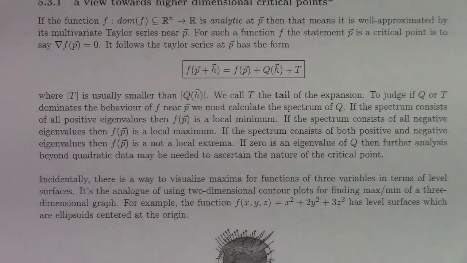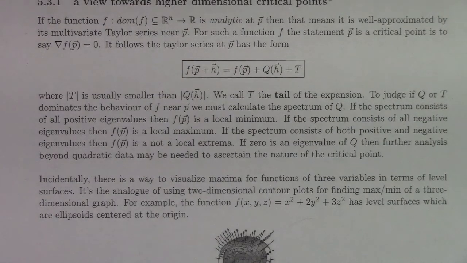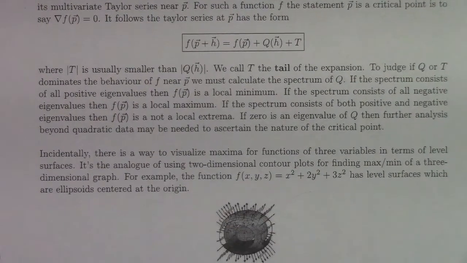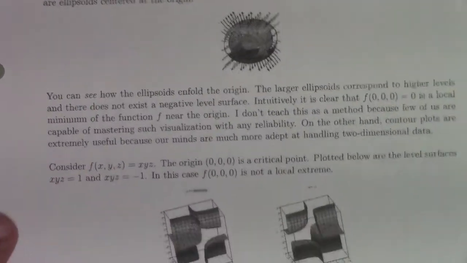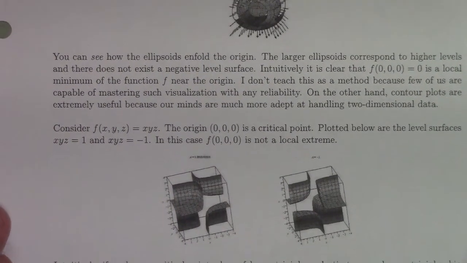If all the eigenvalues are positive, it's a local min. If all of the eigenvalues are negative, it's a local max. If there's a mixture of positive and negative eigenvalues, it's a saddle. And if any of the eigenvalues are 0, we can't decipher the nature of the critical point from just the Hessian term. We need more. We need to look at third order data at least.